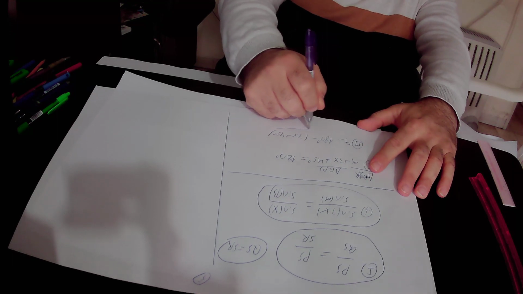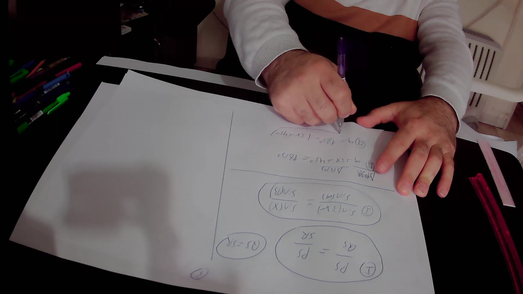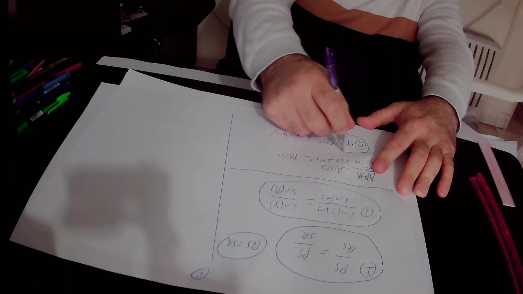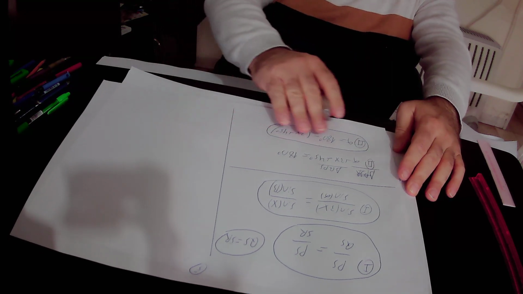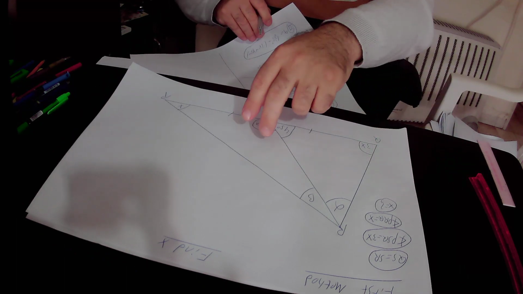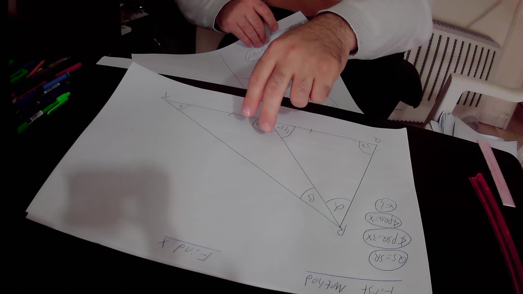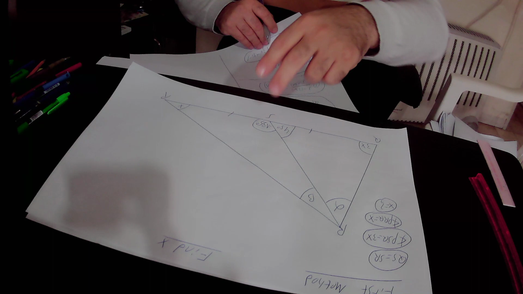So we actually found the value of angle alpha in terms of x. Likewise, if we focus on triangle PSR, on triangle PSR the sum of the angles must be equal to 180 degrees.